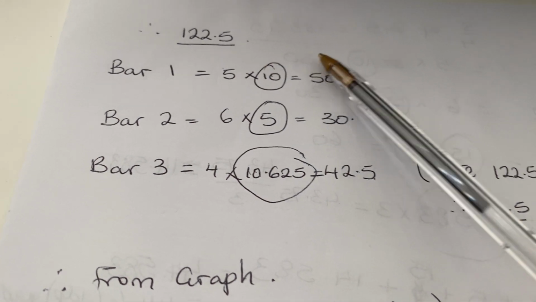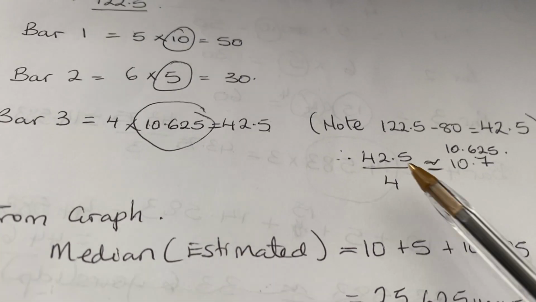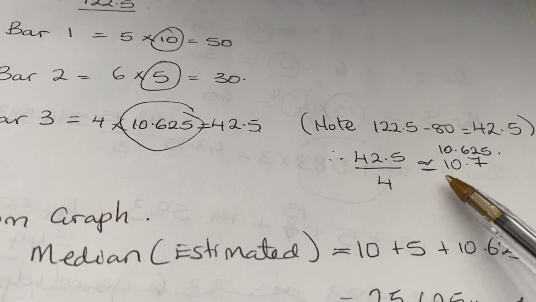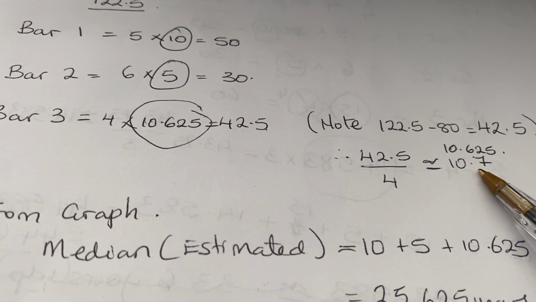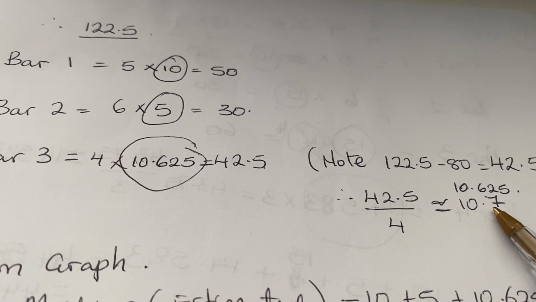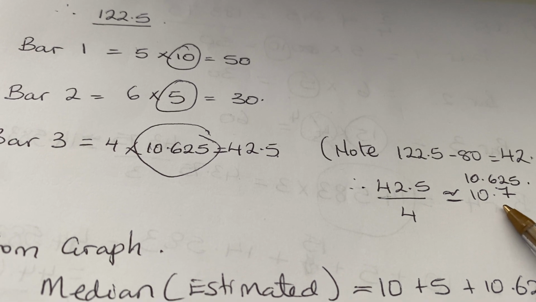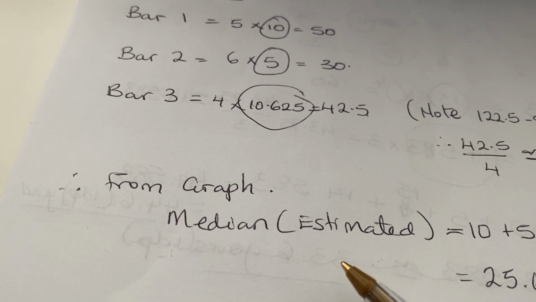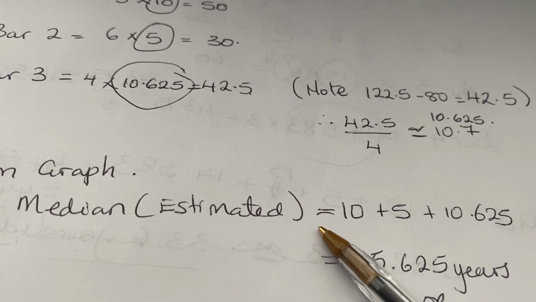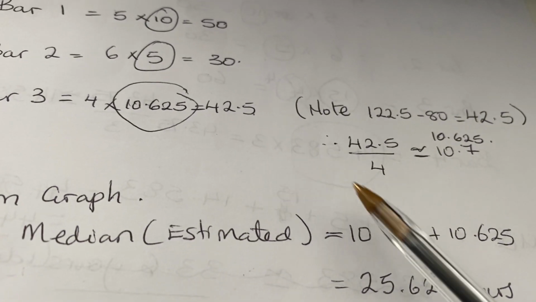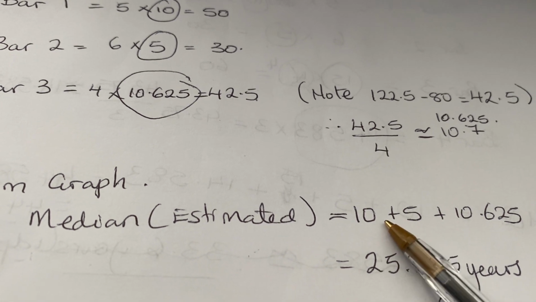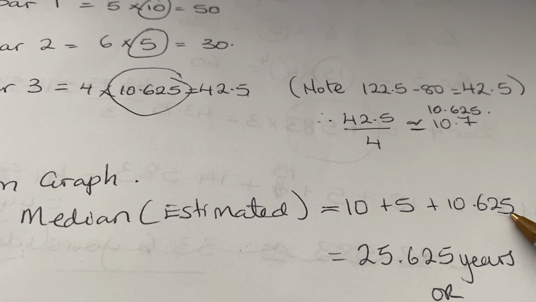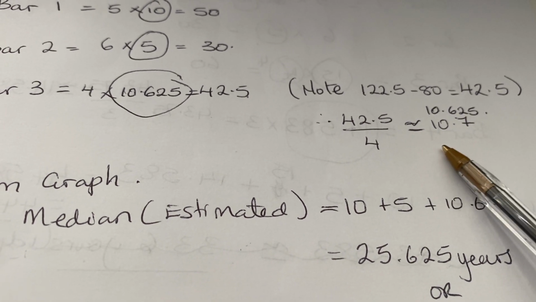122.5. So it means that 10.625, if you want to approximate to one decimal place, it will be 10.6. So from the graph, your estimated median will be 10, add 5, add 10.625 as you found here.